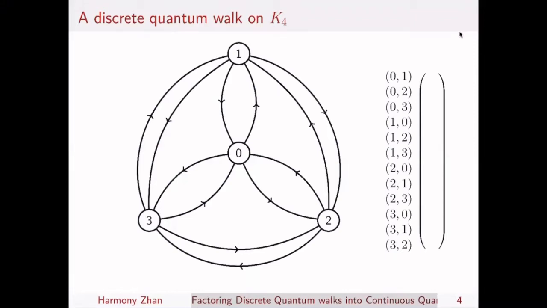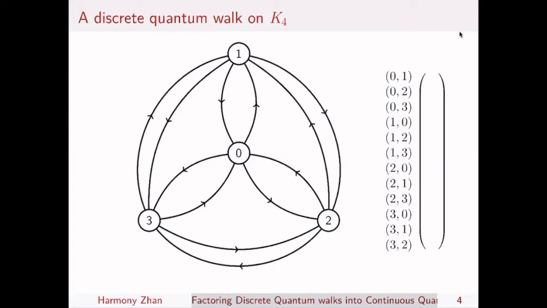I still keep all 4 vertices, but every edge is now replaced by 2 arcs with opposite directions. So I have in total 12 arcs for the graph. And the state of this graph is now a complex valued function on the arcs, or in other words, a vector of length 12 indexed by the arcs whose entries are complex numbers.